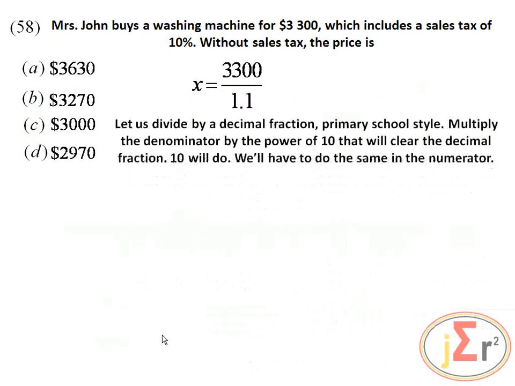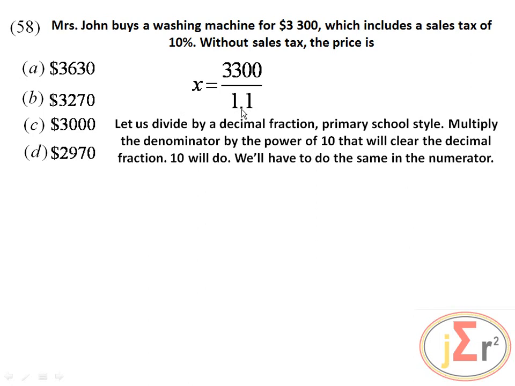There we have it. Let us divide by a decimal fraction, primary school style, multiplying the denominator by the power of 10. That will clear the decimal fraction. 10 will do. We will have to do the same in the numerator. So in primary school, we do not divide by a decimal fraction.